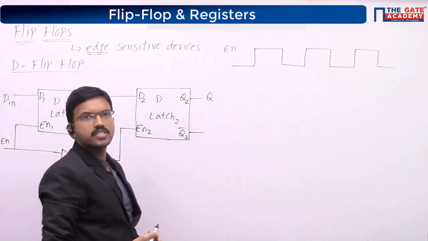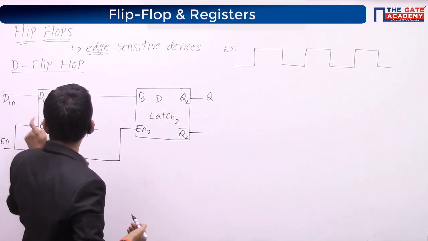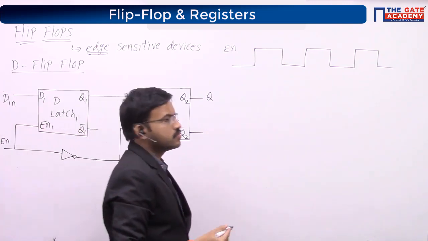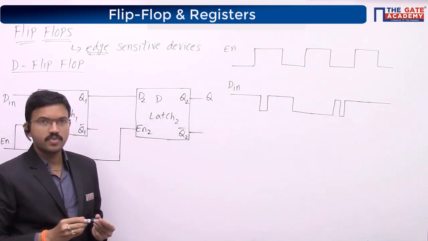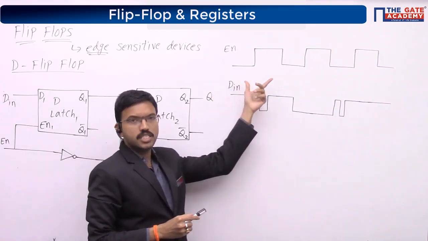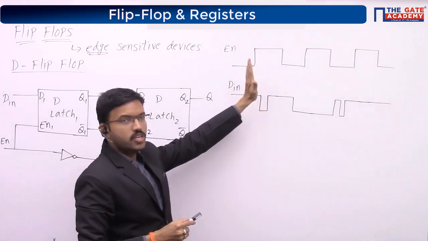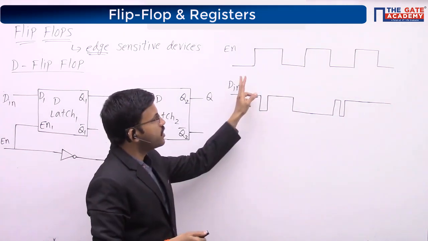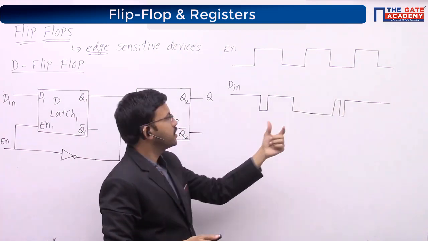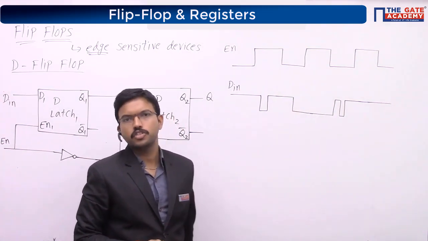D input you can assume anything, no issue. The enable signal we have to consider as a square wave because we will analyze only at the transitions, either 0 to 1 transition or 1 to 0 transition. That's why I have considered a periodic square wave.